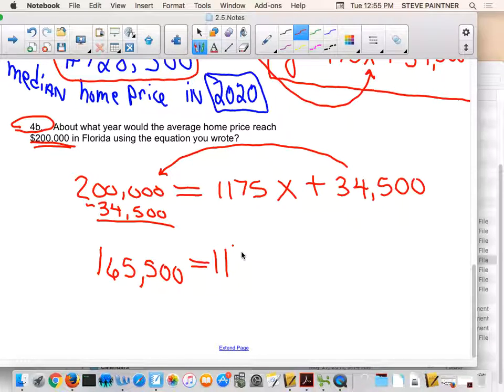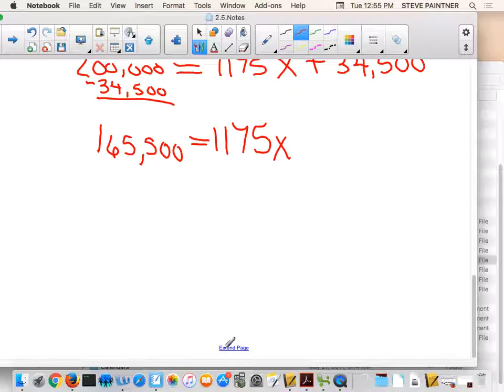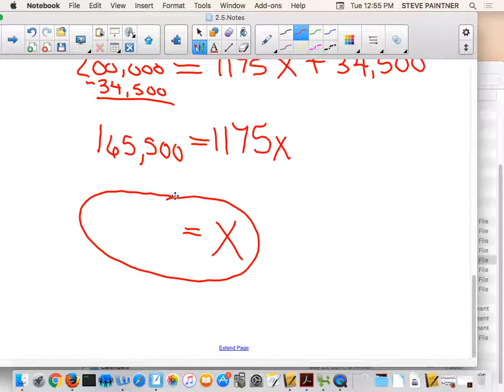Equals 1175x. Do the division. It's equal to 140. How much? 140. And then 140 equal to our little scale is 2080. Well, here's the deal. That answer, 140, you have to remember what your X stood for.